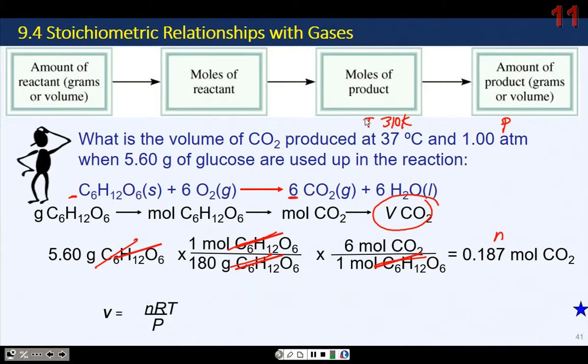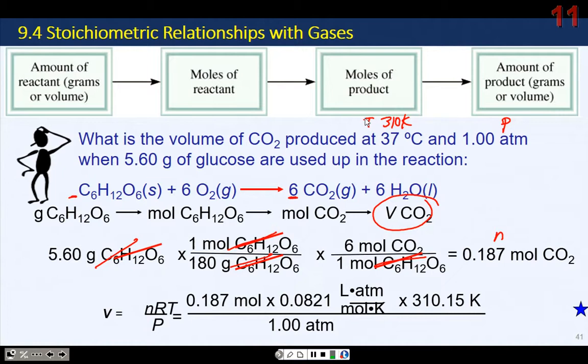It's not so bad. And put in the numbers. Check it out. Make sure it looks right, because hopefully things are going to cancel. The moles cancel. The atmosphere cancels. The Kelvin cancels. And all that remains is liters. That's what we're hoping for in a volume. If we've set it up correctly, all but the intended units will cancel. And it's a number. It's 4.76 liters.